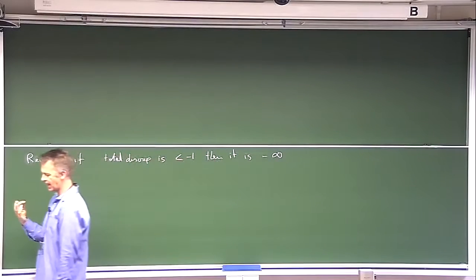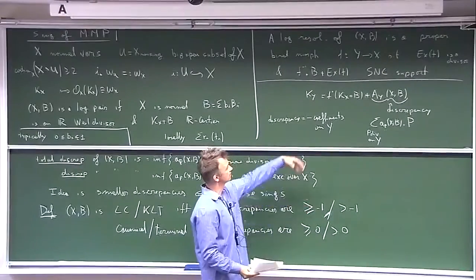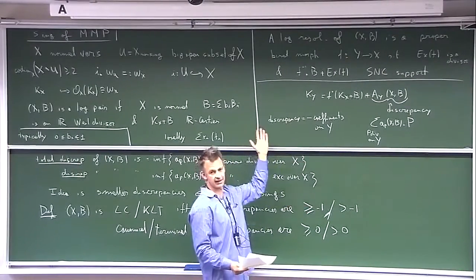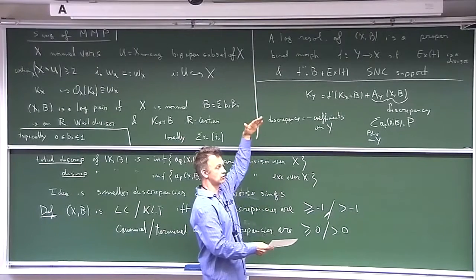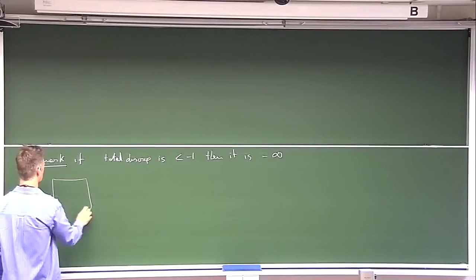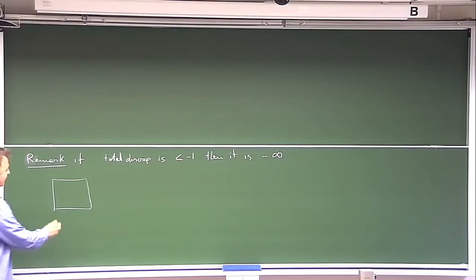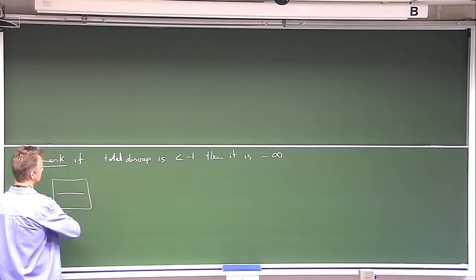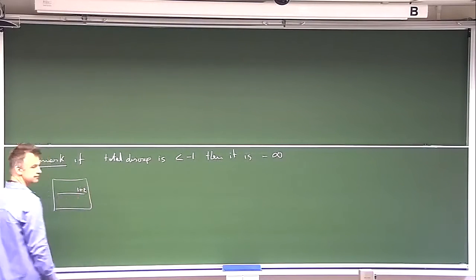So as soon as you have a discrepancy that's smaller than -1, corresponding to a coefficient that's bigger than 1, then actually you get coefficients that are arbitrarily big or discrepancies that are arbitrarily small. So let me do proof by example. Let's start with, after I perform some blow up, I end up with some component of my divisor B with coefficient 1 plus epsilon.